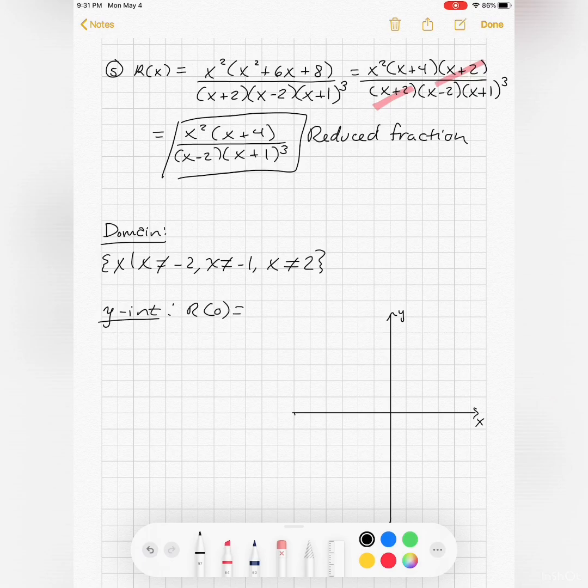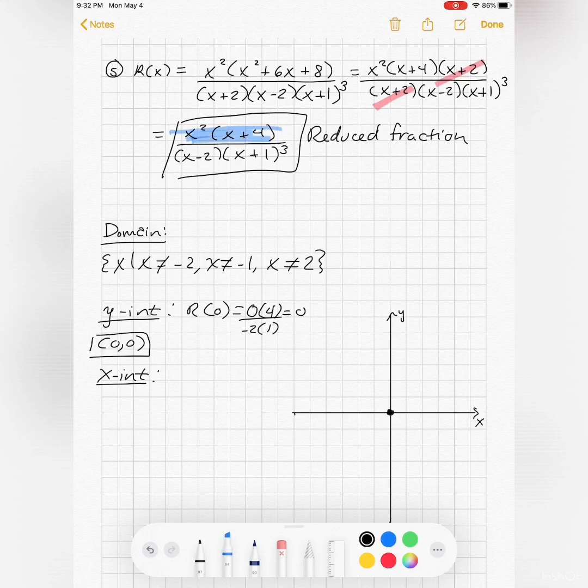So if I plug 0 in there, I get 0 times 4 over -2 times 1, I get 0, right? X-intercepts. Remember, I'm looking at the reduced fraction, looking at the numerator.